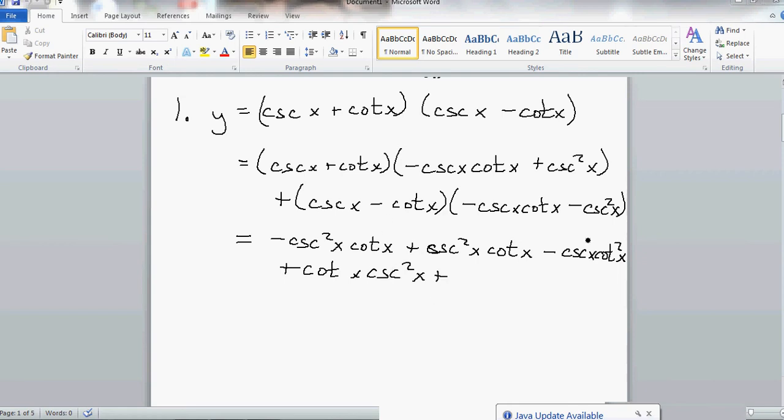Plus, now FOILing all this out, we will get negative cosecant squared x cotangent x for the first terms. The outer terms becomes negative cosecant cubed x. The inner term becomes plus cosecant x cotangent squared x, and the last term becomes a positive cosecant squared x cotangent x.